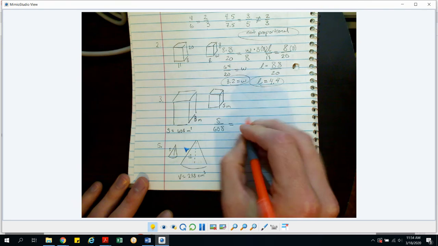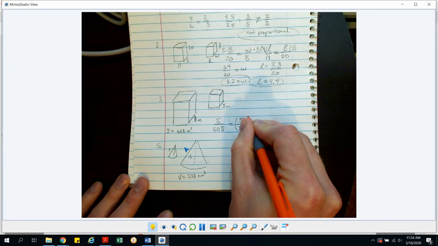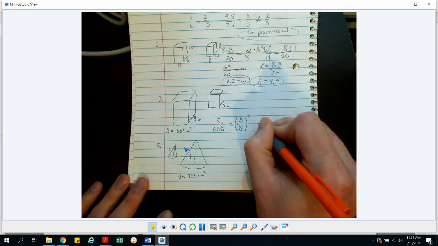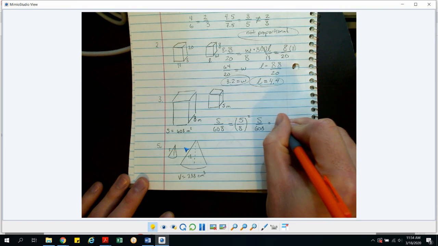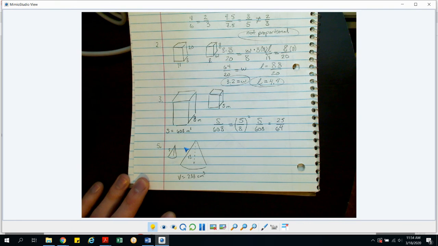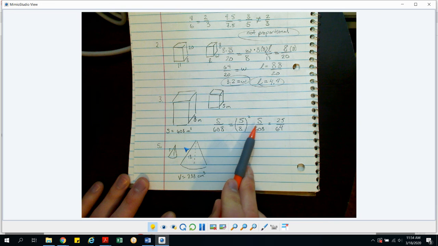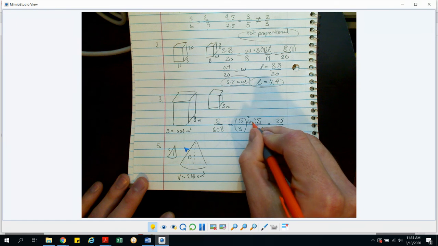So 5 over 8, and we're going to square it. Well, S over 608 is equal to 25 over 64. All I did there was square the numerator, square the denominator. I want to get S by itself. S divided by 608, so I'm going to multiply by 608.